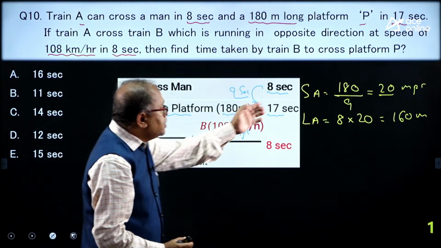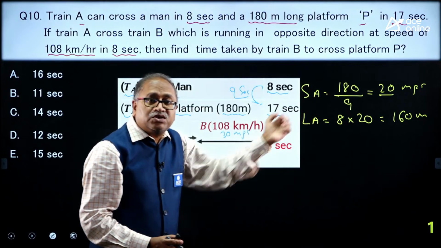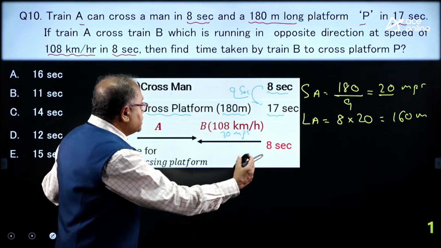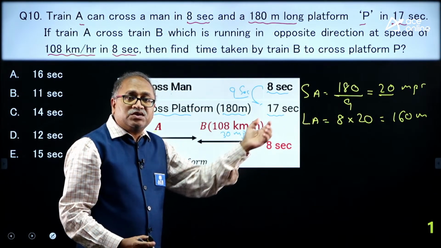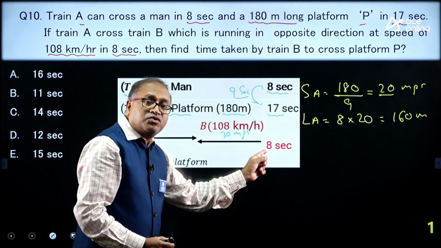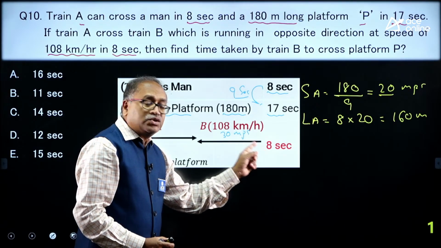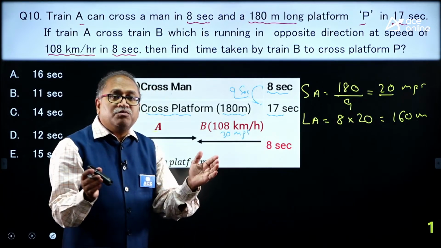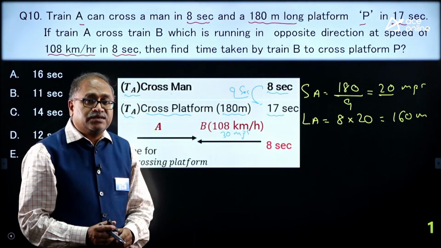And what is the speed of A? The speed of A is 20 meter per second. So, what is the relative speed? 30 plus 20, 50 meter per second. And how much time did they take to cross each other? 8. So, relative speed into time, I will be getting the total distance.